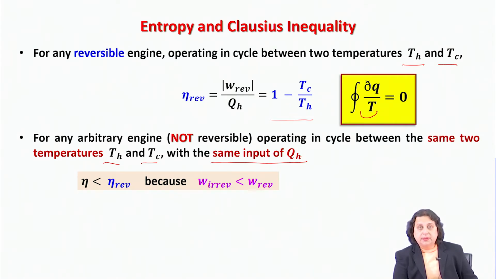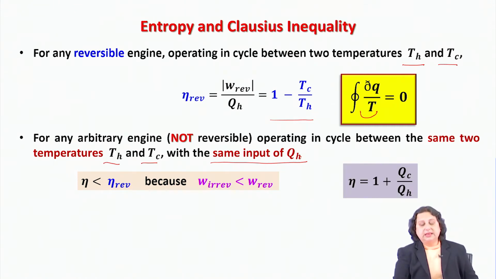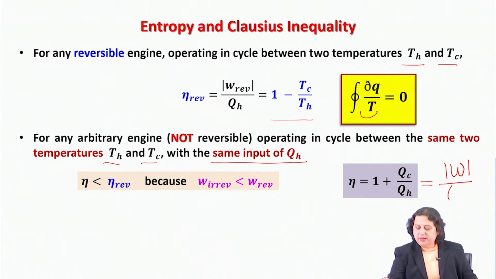Why is that so? Please remember, eta is by definition the amount of work done by the input heat as written here. So, eta in this case would in general be equal to modulus of W divided by QH.